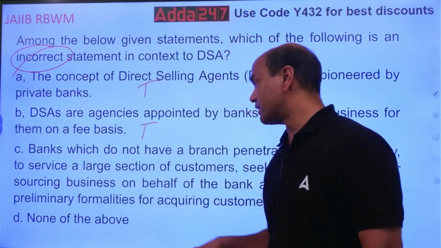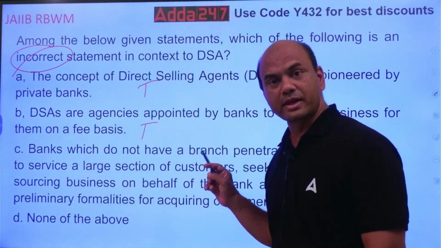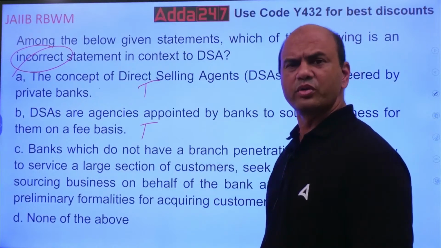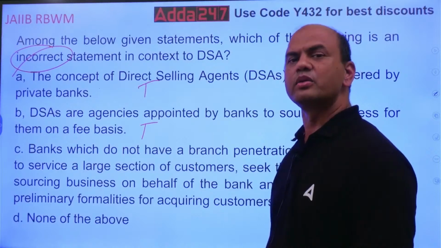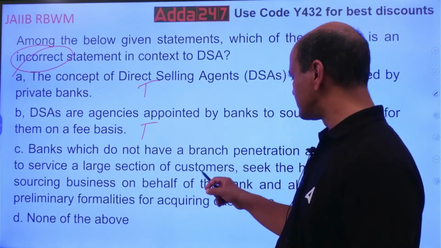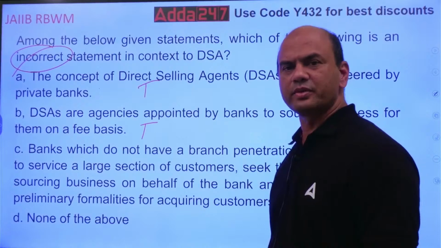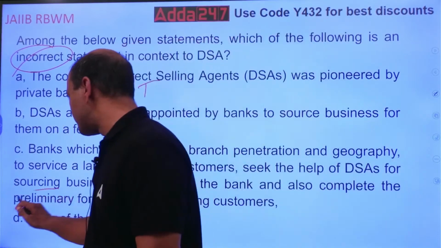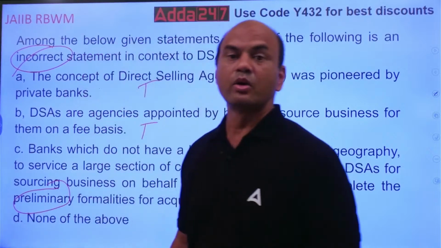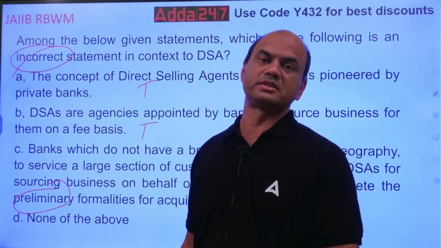So the point over here is banks which do not have a branch penetration. If you don't have the branch in some local areas or rural areas, then you'll use the help of DSA, isn't it, for sourcing. But preliminary formalities, kindly note, preliminary, what do you mean by preliminary? Only collecting the documents.